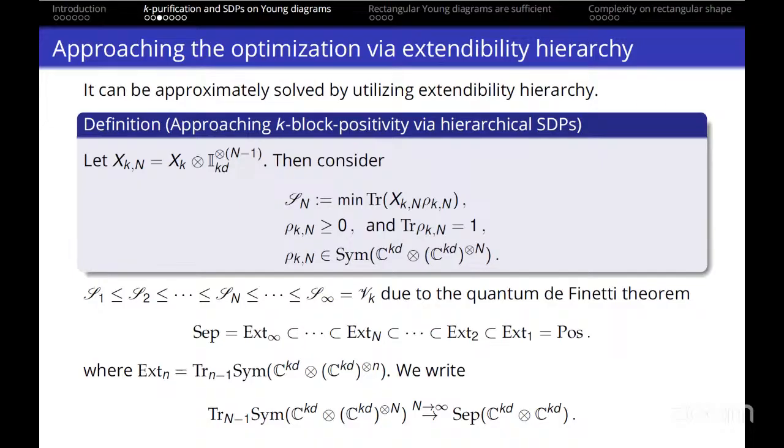In that case, depending on the dimension, sometimes my method is better than their method, and sometimes theirs is better. That kind of relative merit depends on the parameter. So I think my method can also be extended to K-block positivity.